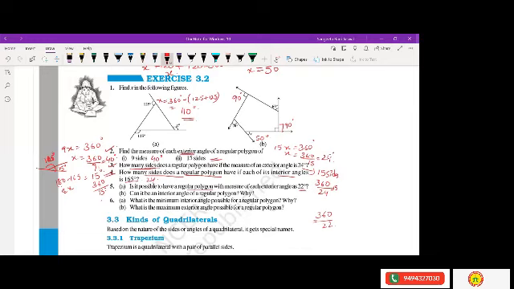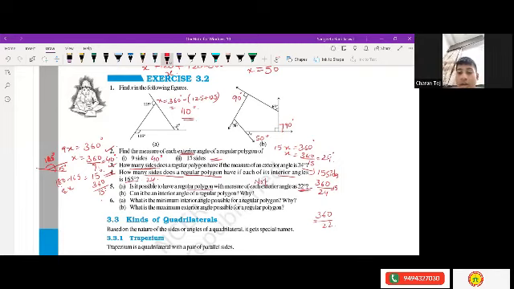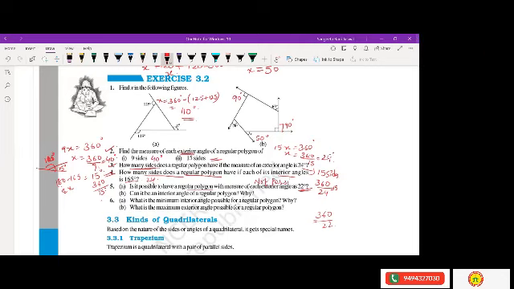So that means 360 cannot be divided by 22. So it's not possible to have a polygon with exterior angle 22 degrees. We just have to write 360 by 22. You can write there, it's not possible because it's not dividing.